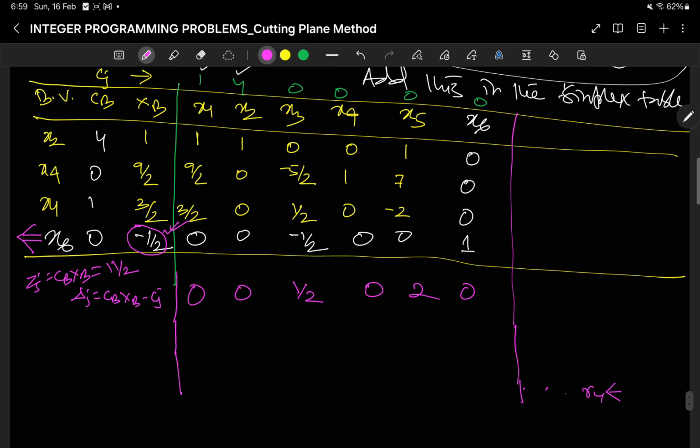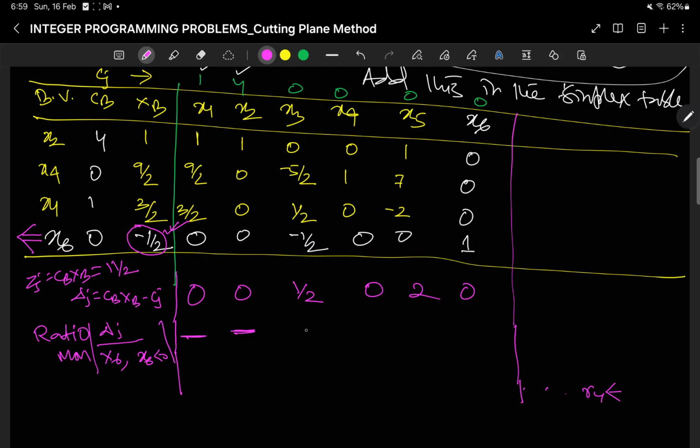Now we have the ratio, zj divided by x6, where x6 is strictly negative, and we find the minimum ratio. So this will not take part in the ratio.